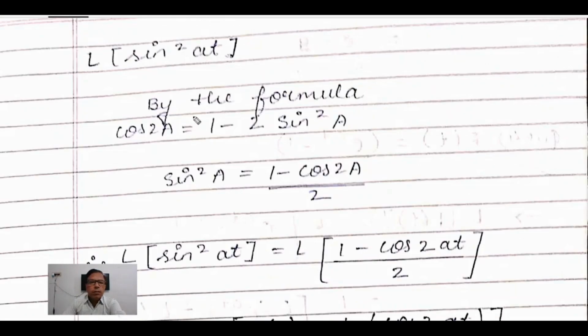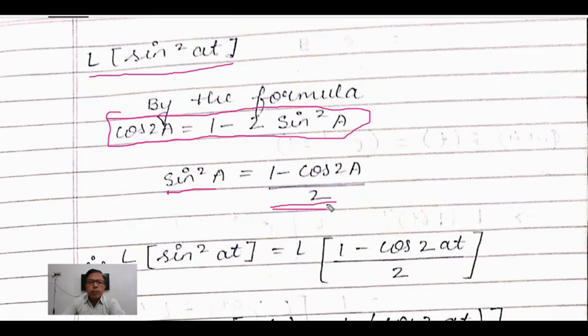So we have Laplace of sin square at, and we know the formula for cos 2a equals 1 minus 2 sin square a, and we can write sin square a equal to 1 minus cos 2a upon 2. So by using this formula, the above function can be written as (1 minus cos 2at) upon 2.